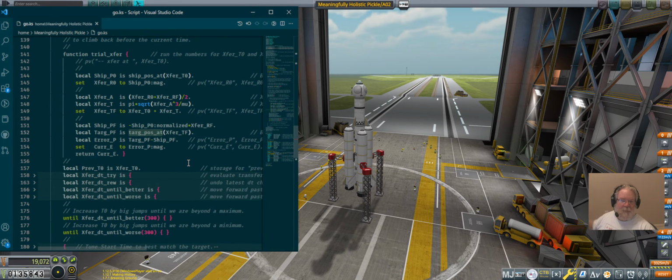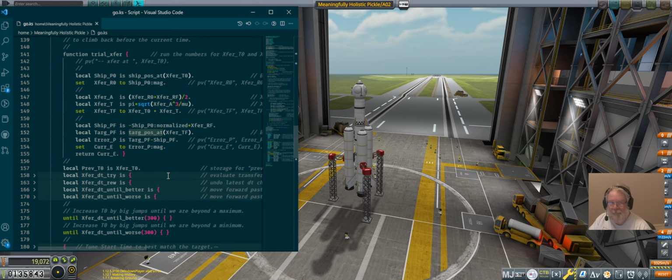It's actually on rails because KSP pretends that everything is a simple gravitational field, spherically symmetric, single attractive point. So basically the origin and mu define the entire gravitational field. So it can very quickly calculate, for any given time in the future, where you're going to be.